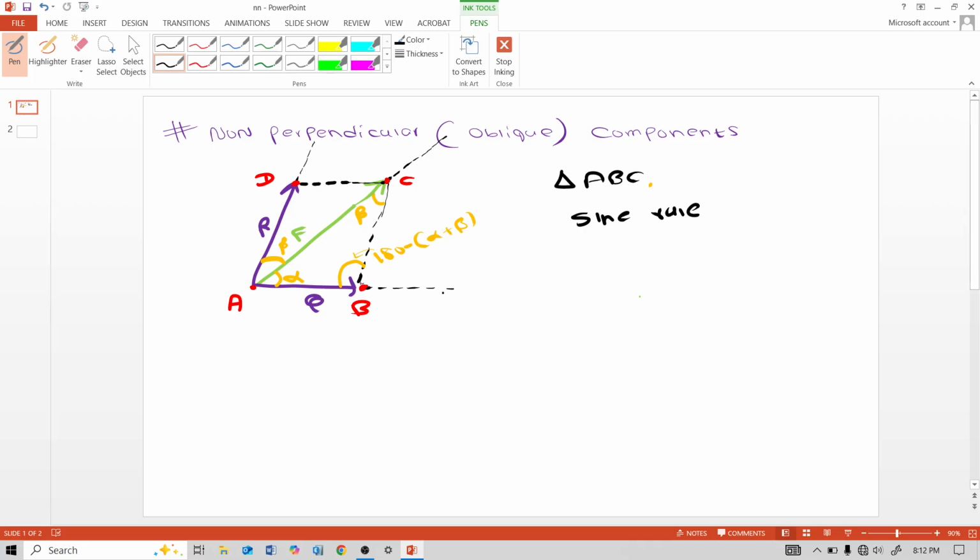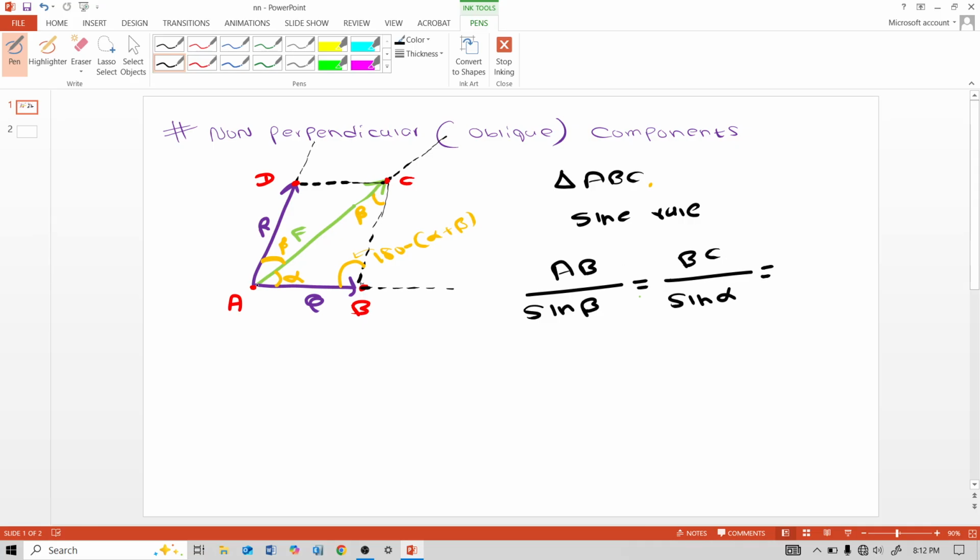If we consider side AB, the angle opposite to AB is beta, so AB upon sine beta. Next, side BC, the angle opposite to BC is alpha, so equal to BC upon sine alpha.